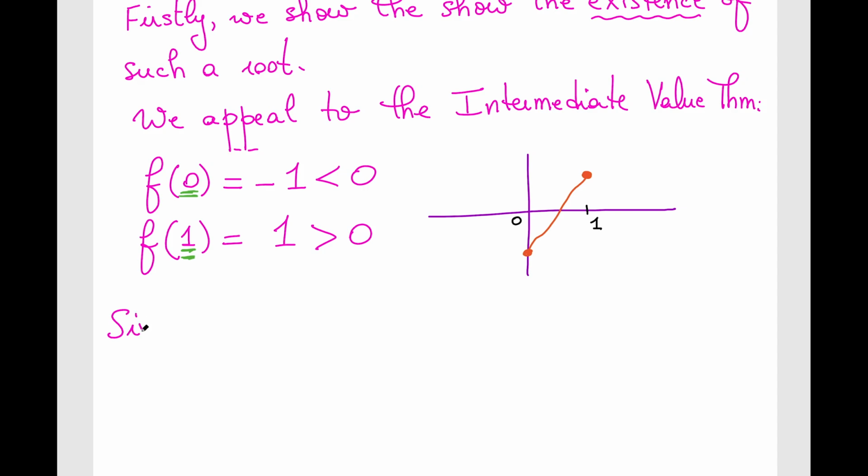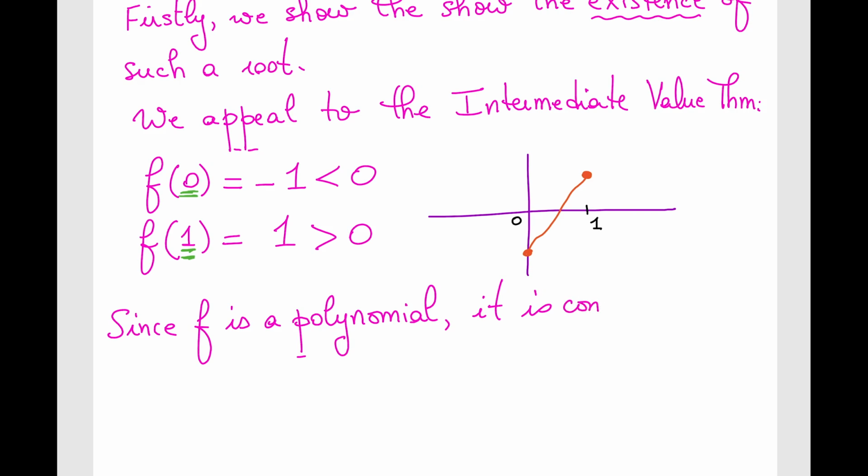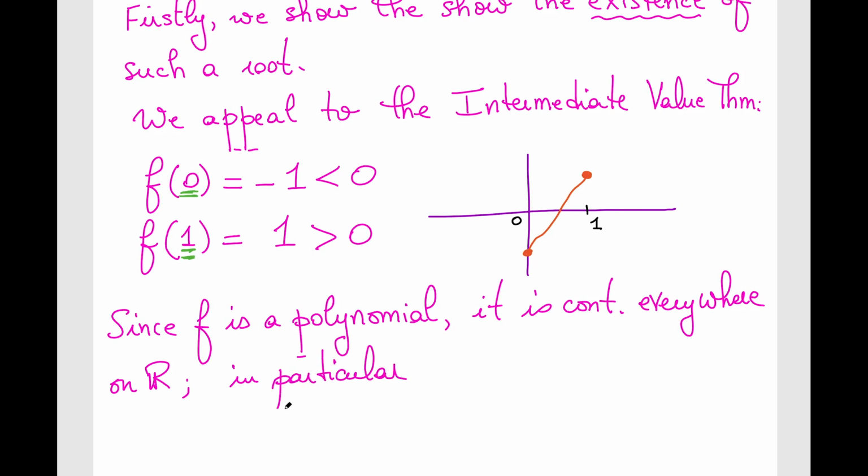Since f is a polynomial, it is continuous everywhere on R, in particular on [0, 1].